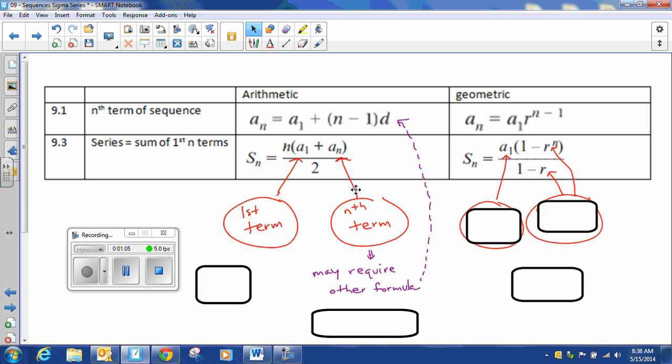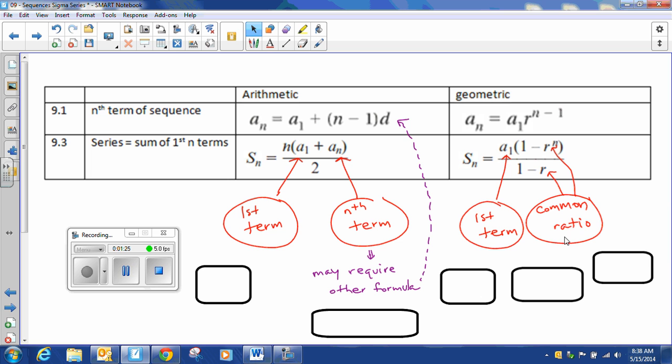Whatever the last term is, if it's the 15th term, we just plug 15 in here, find the common difference, and we get the last term. Put the last term in here, the first term in here, and the number of terms that we're adding together, and you get your sum. Now the geometric series formula is actually easier because you only need to know the first term and the common ratio.